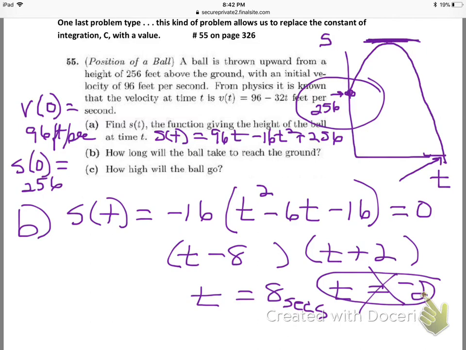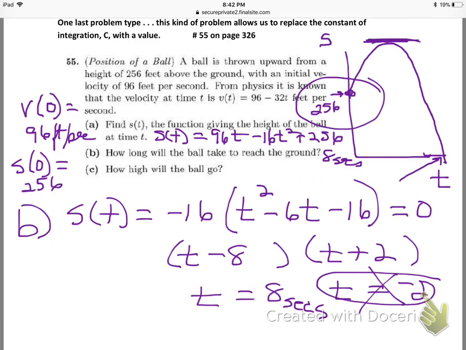So to answer C, you're going to first figure out what time it reaches that height. That time is where the slope is 0. The slope function is your v of t. So where does v of t equal 0?